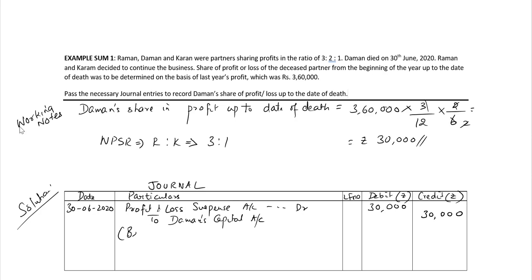Narration: being Daman's share in profit up to date of death credited to his capital account.